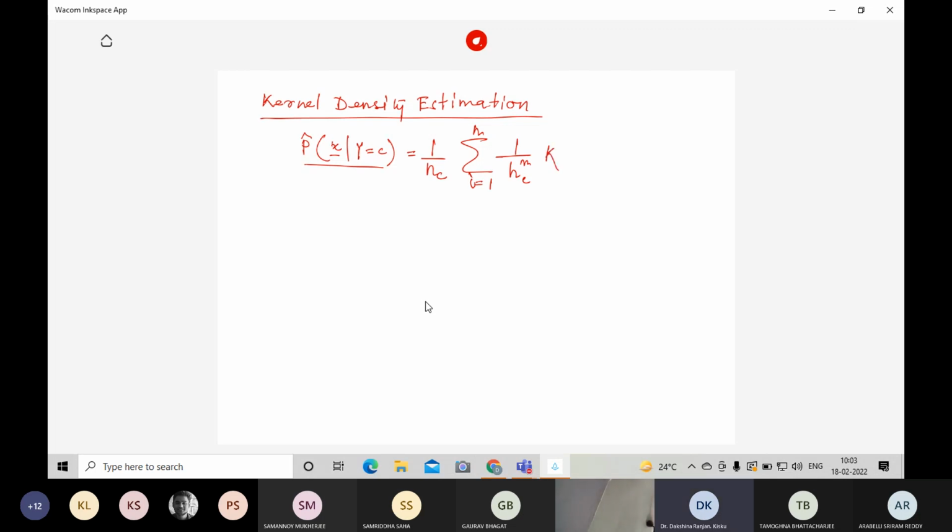So 1 upon hc to the power m is multiplied by capital K of (x minus xi) by hc.